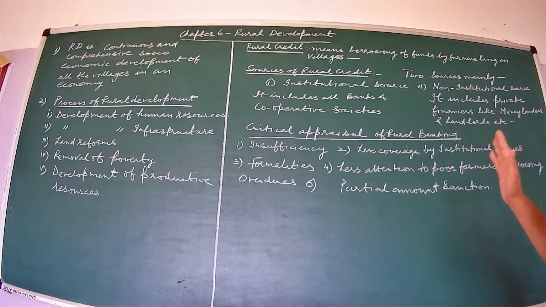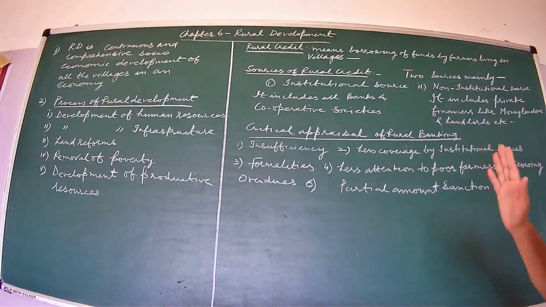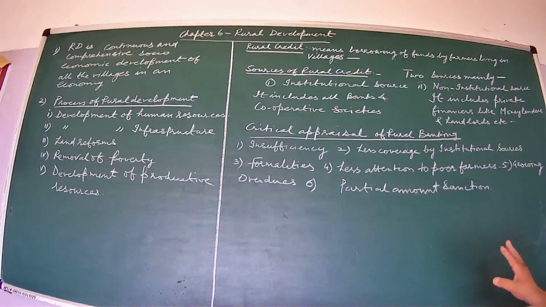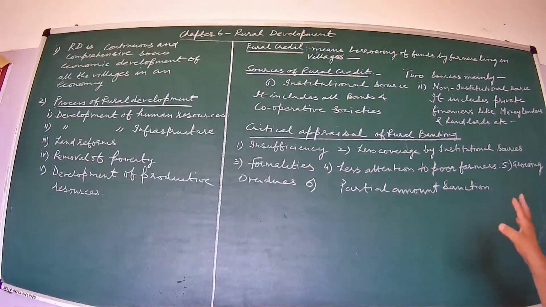Before independence, 70 to 80% of the market was captured by money lenders.